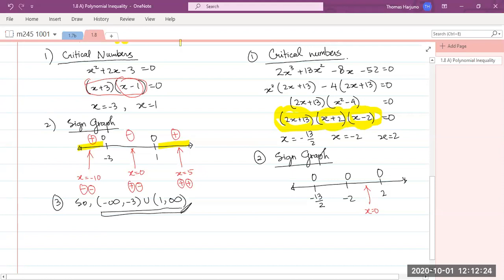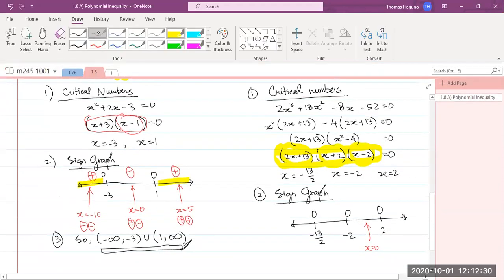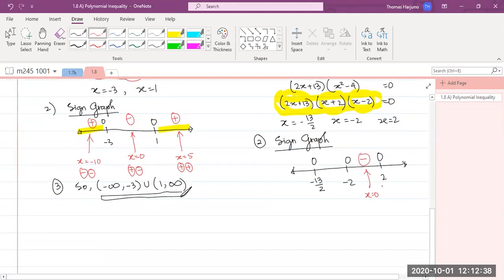So it becomes negative. And then let's say I pick x equals 5 here. When x equals 5, it will be positive, positive, positive. All of them positive. So it must be positive here.